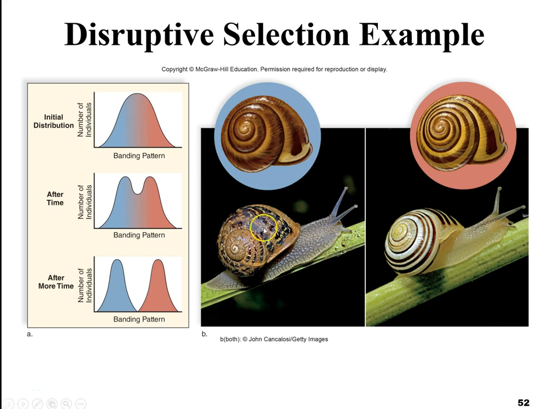There's also an example from your general bio textbook. I think this is a little bit easier to conceptualize in the snail population, okay? These guys live in two different habitats. Obviously the change in pattern or color of their shell is going to help hide them from their prey. Depending on what region they're in, you're going to see this one favored versus that one, but it's the same population.